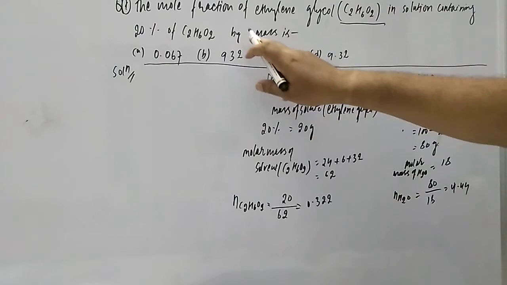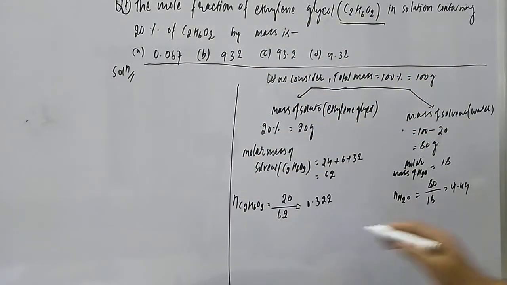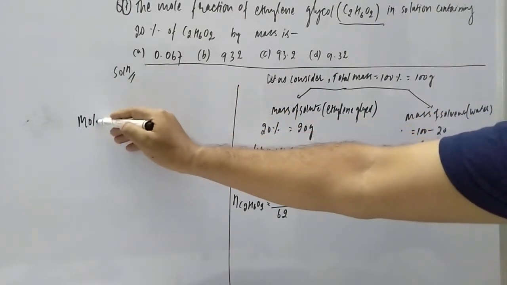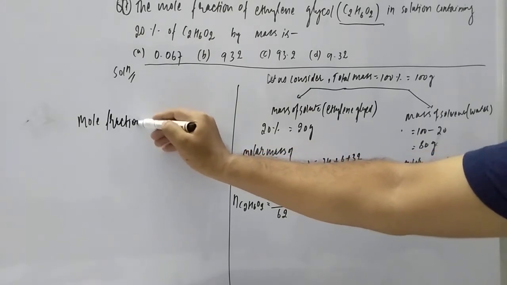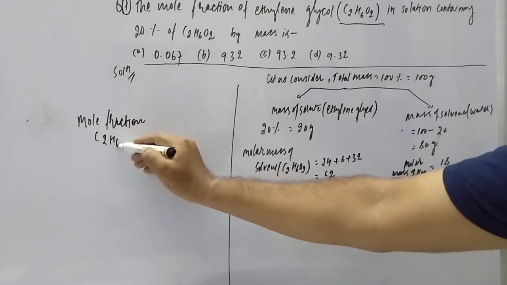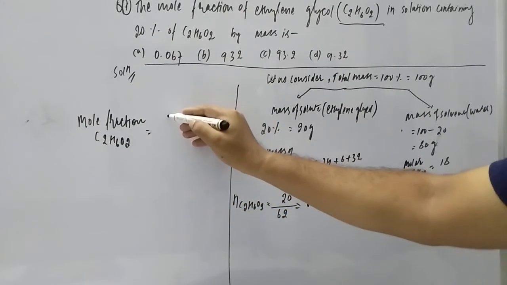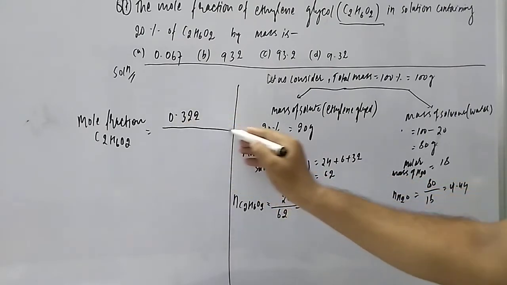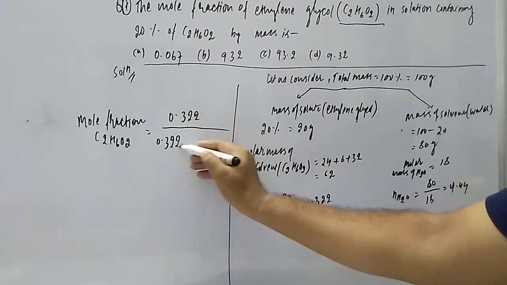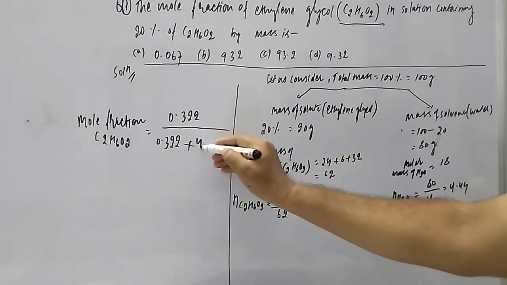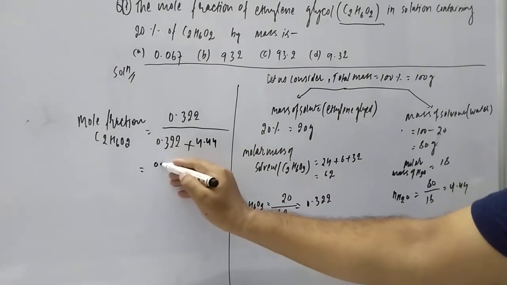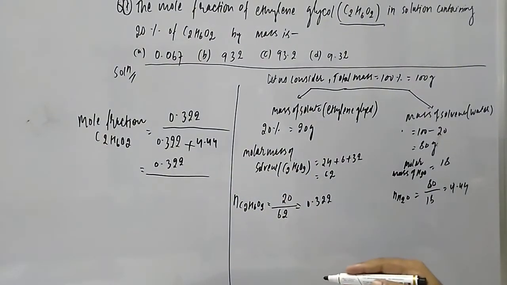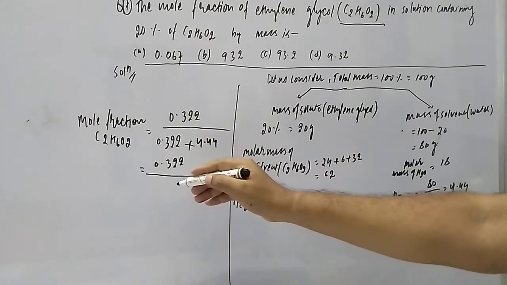Now what they are asking is the mole fraction of ethylene glycol. We already got the number of moles, student. So how to calculate the mole fraction? Here I am writing the mole fraction of ethylene glycol, meaning C2H6O2, is the moles of ethylene glycol, 0.322, divided by 0.322 plus 4.44. If you add it out, it is coming 4.766.